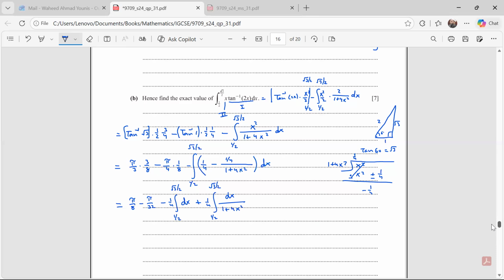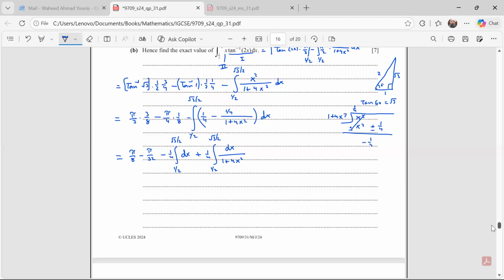Okay, I hope you are following me and I'm not confusing you. This part, pi by 8 minus pi by 32, how did I simplify it? Yes, it's 3 pi by 32. So this became 3 pi by 32. Okay, and then I have minus 1 by 4, and it is x, and limits 1 by 2 and under root 3 by 2.